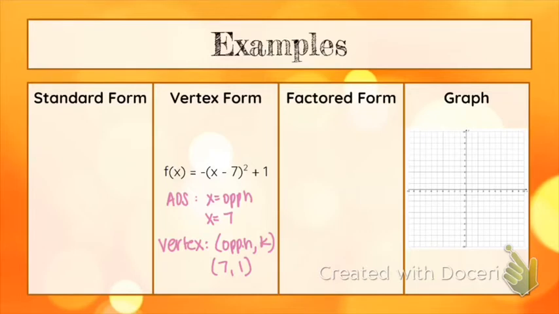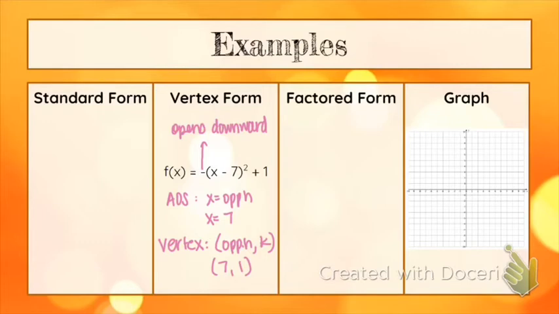And if you remember from our very initial notes, this -1 as an A value tells us that the parabola opens downward. So this is going to be an upside down parabola. All right, so we can't factor vertex form without going to standard form first.